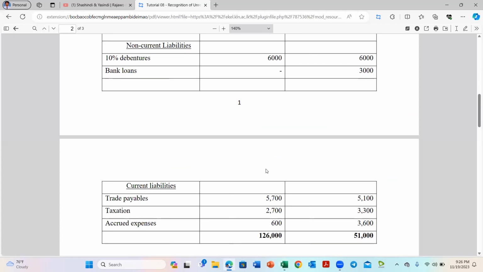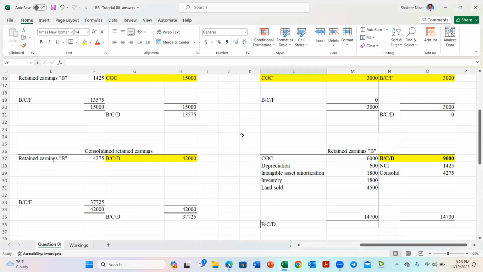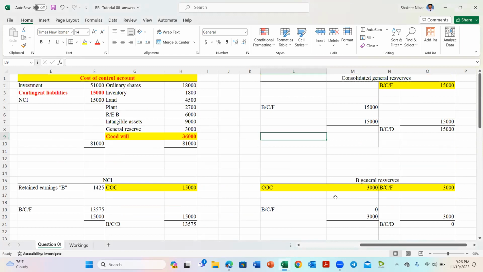Now the thing is, we discussed these adjustments and the excess depreciation due to the plant's fair value increase of 600,000. You want to think about who now owns this plant. Subsidiary owns this plant. So the double entry is depreciation: the asset should be reduced by 600,000.